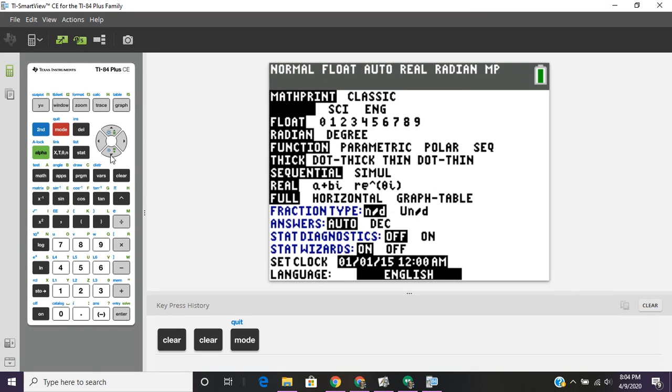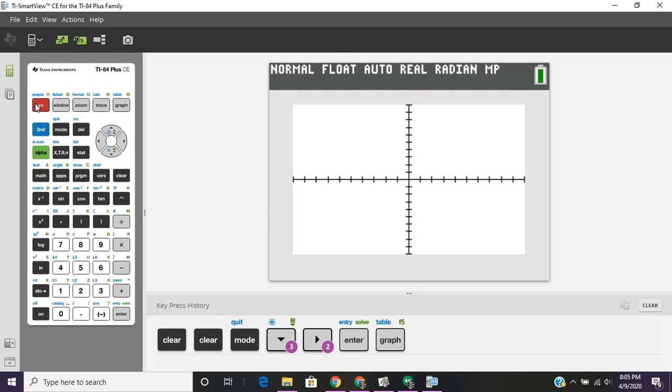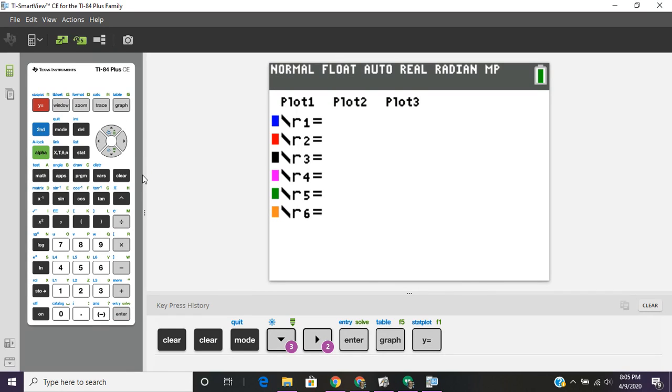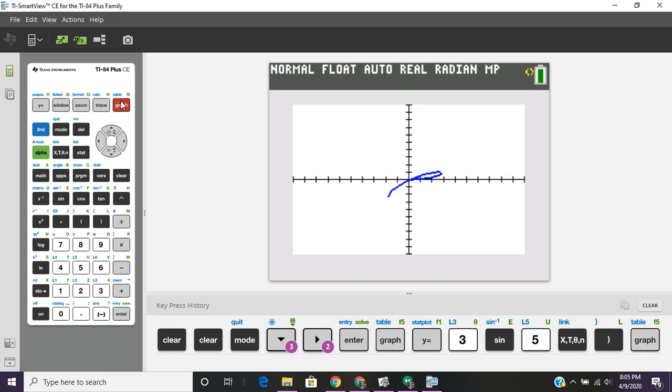So under mode, instead of function, we'd go to polar. And you want to be in radians as well. So if I go to y equals, notice it's not y equals anymore, it's r equals. But I could do like a 3 sine 5, and now I have theta instead. And then if I graph that, woohoo, there's some fun flowers.